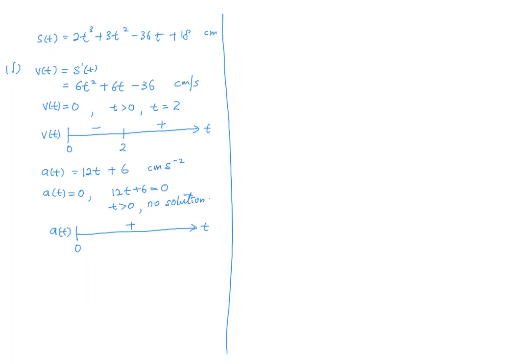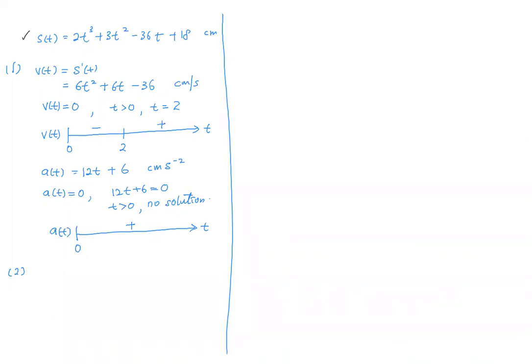Okay, part 2. Initial position. So what should I do if I want initial position? Now I got 3 functions. You tell me, what should I do with these 3 functions?